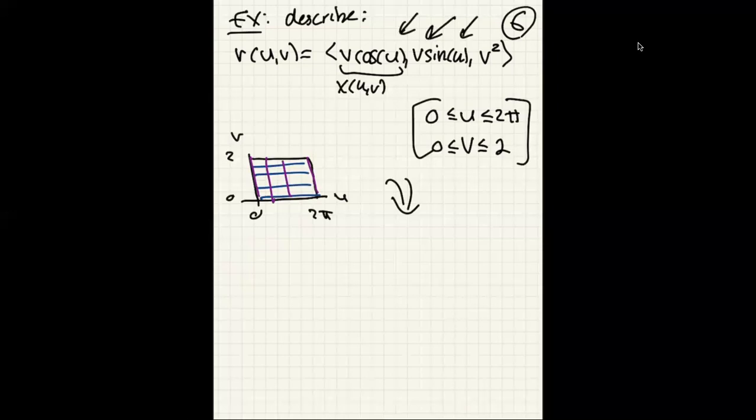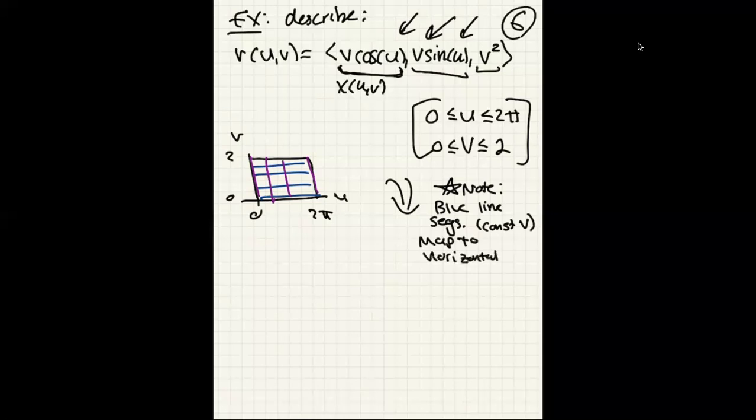Now, if V is fixed, what we see is that the height will be fixed, and we'll have a circle of radius V. So note, blue line segments, constant V, map to horizontal circles of radius V and height Z is V squared.